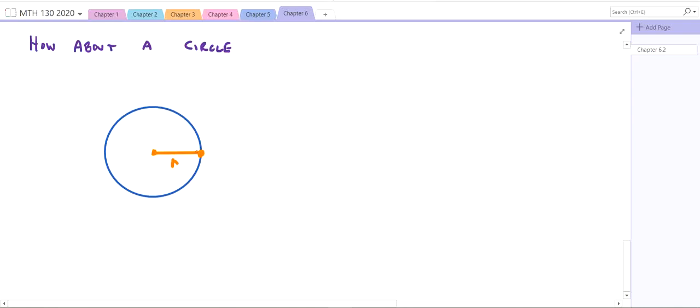And then recall, I could place 3 radiuses around the outside, like so, and then I'd have a little bit left over that wasn't a full radius. That was 0.141 times the radius. And actually, recall, this was an irrational number.